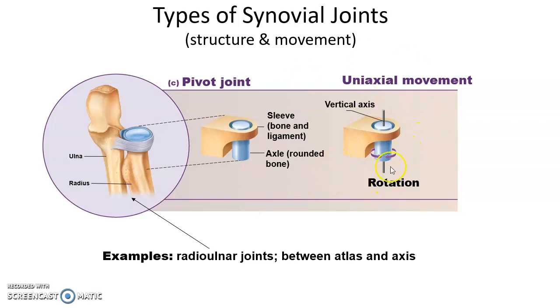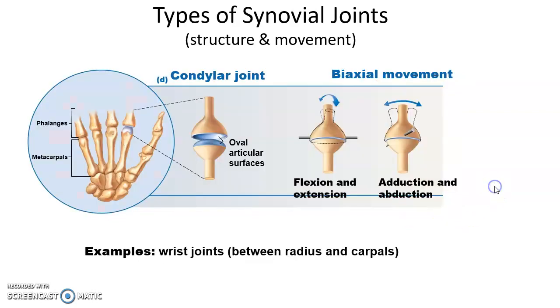These are uniaxial, allowing only rotation to occur. Condylar joints. Condylar joints have a smooth rounded surface fitting into a more concave surface, like a cup holding a bowl, as it were. Condylar joints are biaxial, allowing two motions: flexion and extension, and abduction and adduction. So the wrist, for instance, does flexion, extension, abduction, and adduction.